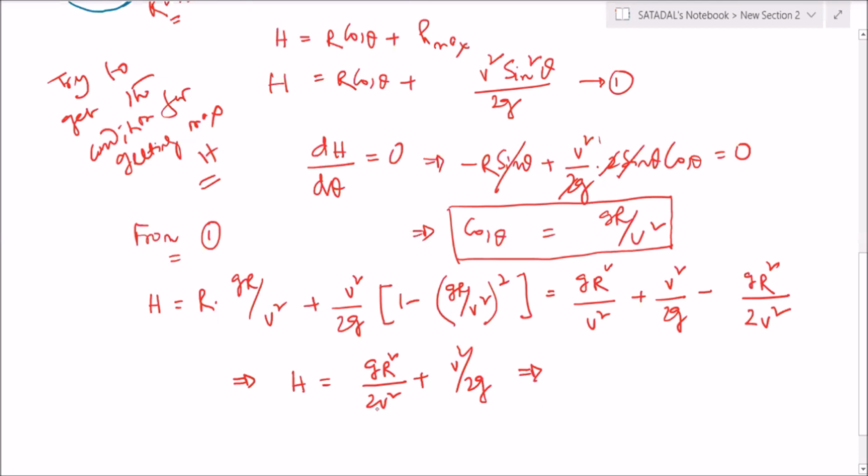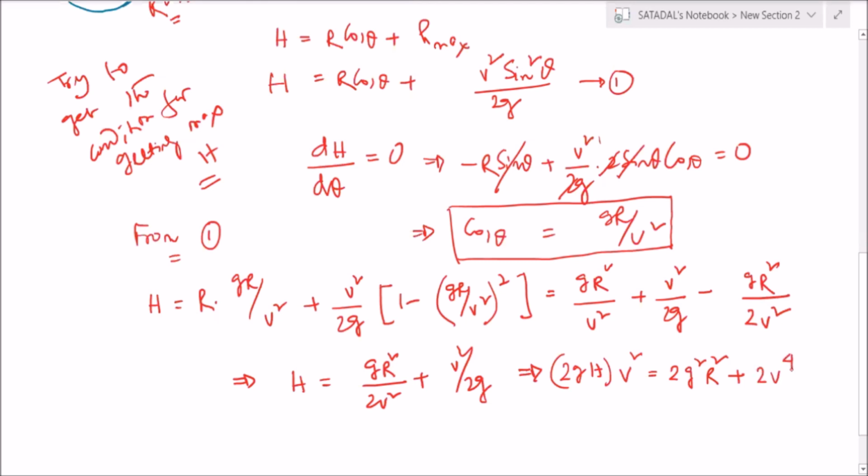So take the LCM and throw it on this side. So we will get 2gH into v square is equal to 2g square r square plus 2v to the power 4.